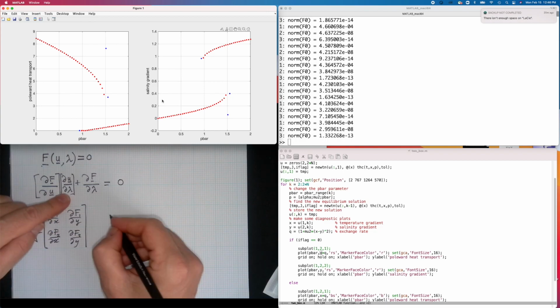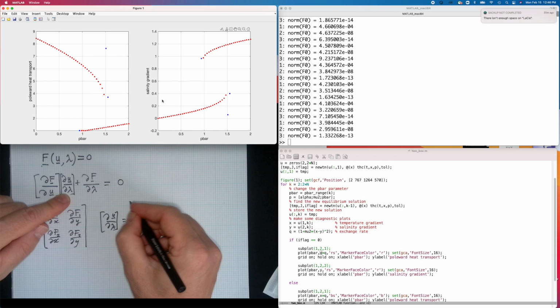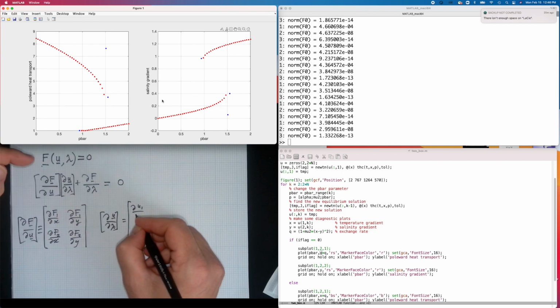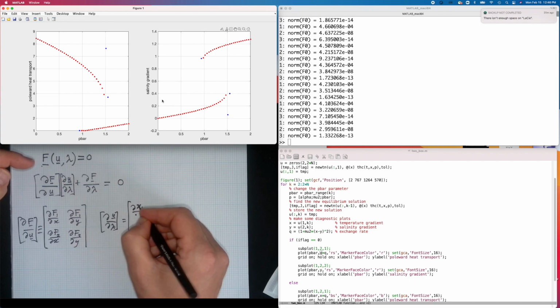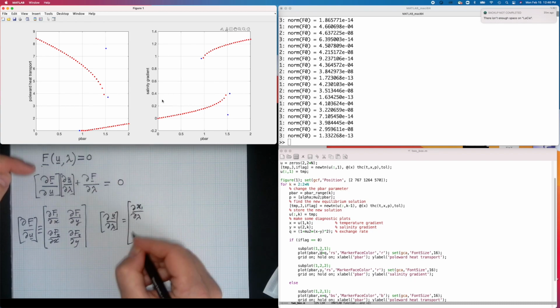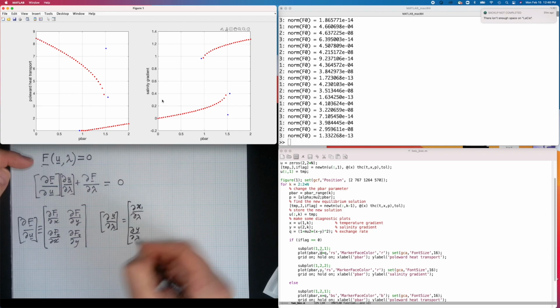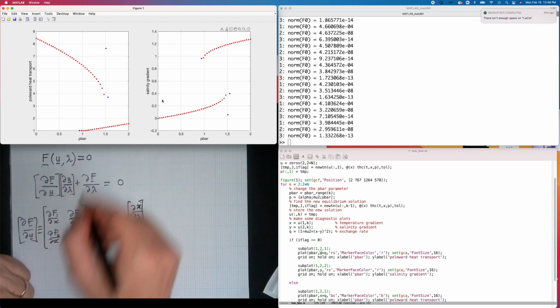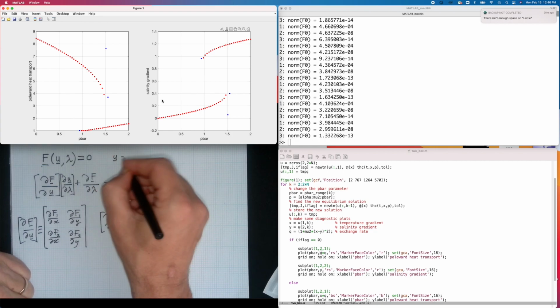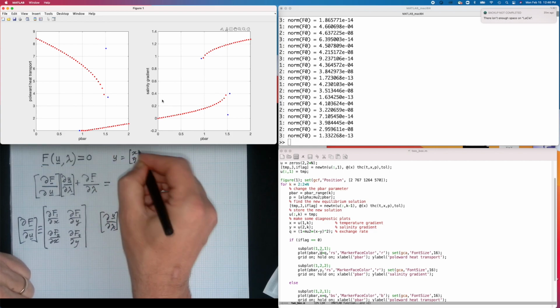And this one, du d lambda, that's du1, or dx, I guess, d lambda, and dy d lambda. Right, because u, the state u, is just x and y for our problem.